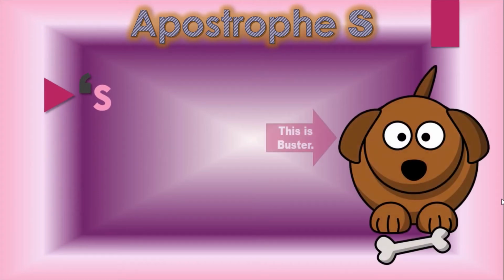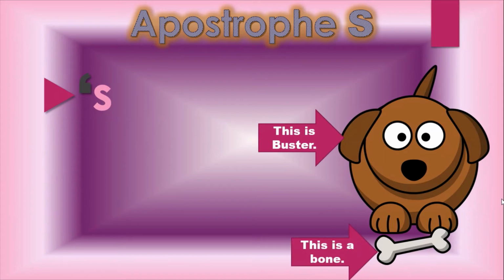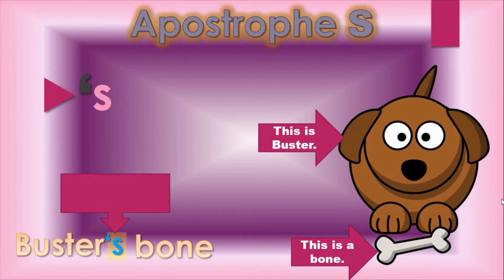Here we go. And again, apostrophe S, singular possessive noun. So this is Buster and this is a bone. Buster, bone, apostrophe S, Buster's bone. This apostrophe S indicates that the bone belongs to Buster, the dog.